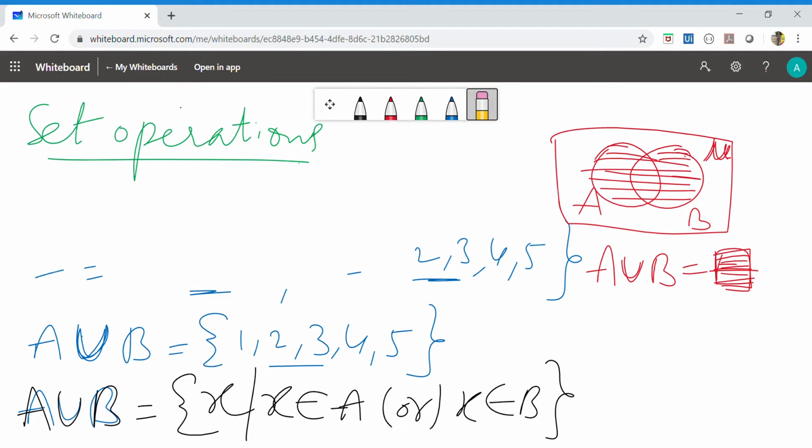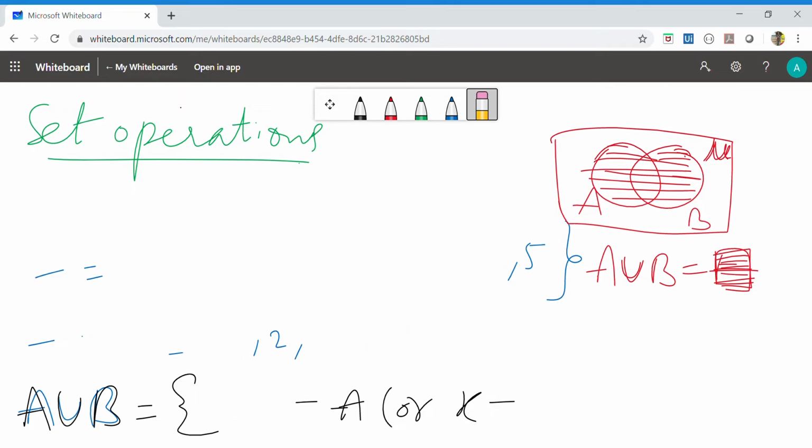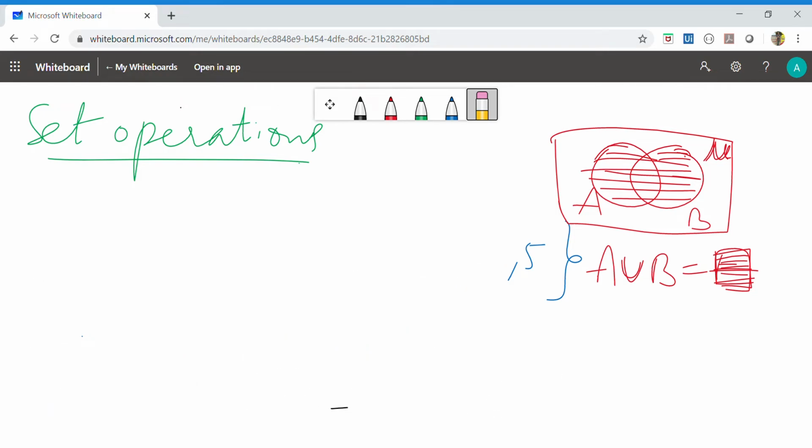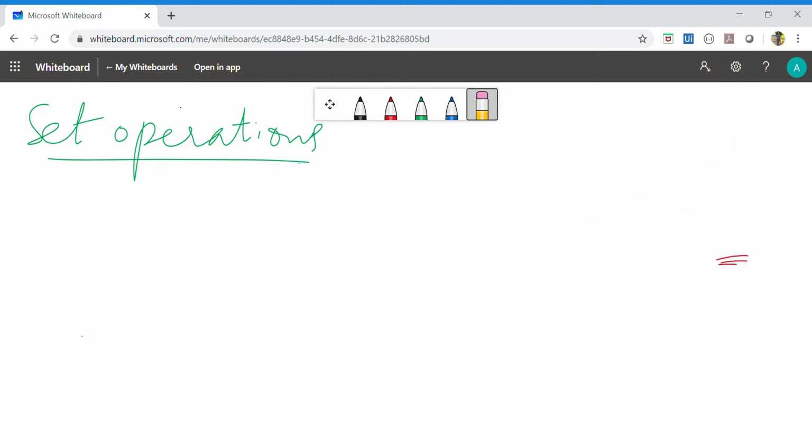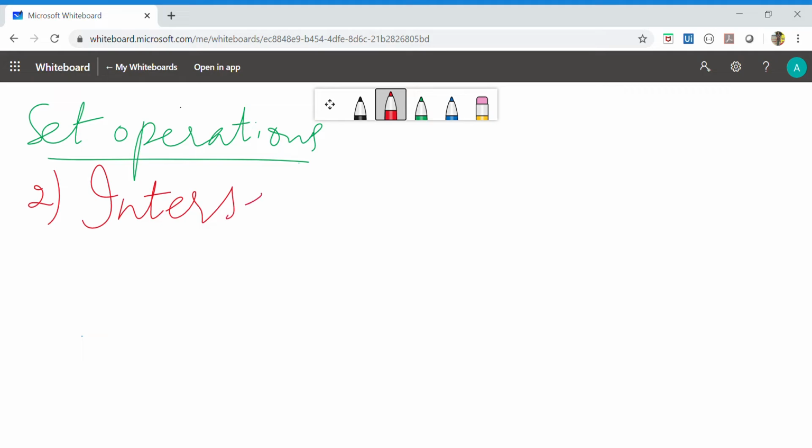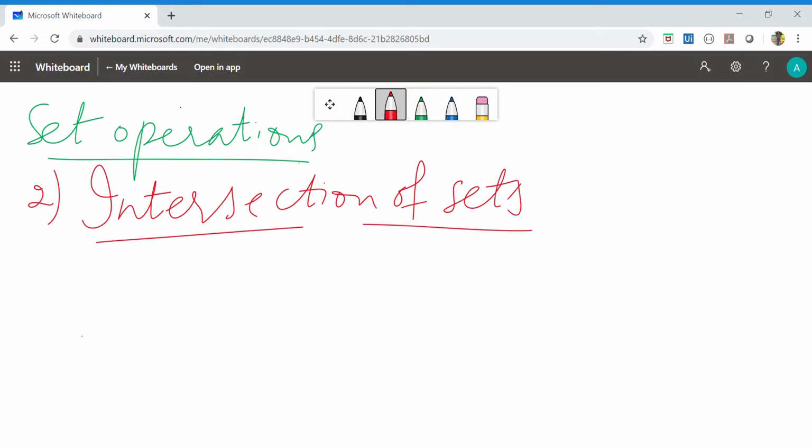The example is understood now by all of you. Secondly, intersection of sets. Here, the set of all common elements from the given sets, indicated by the symbol like this.